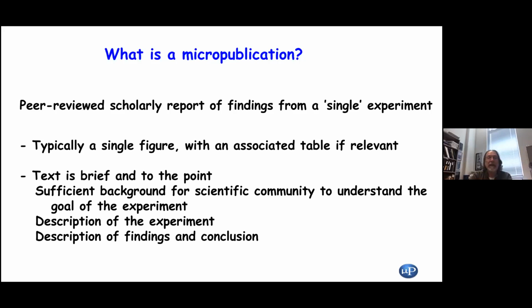Okay, so in terms of the text, it's really brief and to the point, and typically has sufficient background for the scientific community to understand what is the question or issue, and then how it will be approached. And then a description of the experimental details and the findings and conclusions.